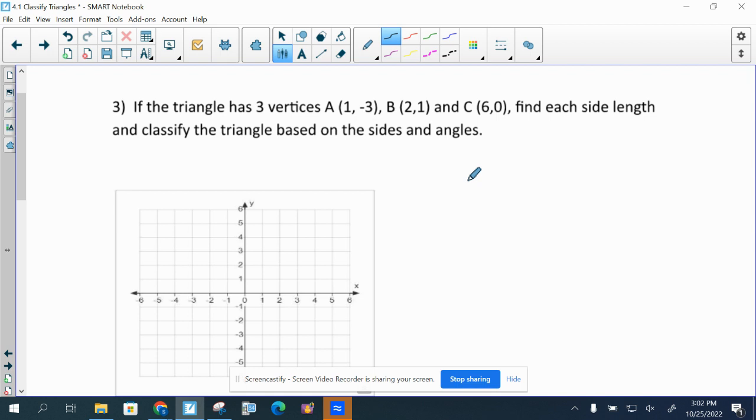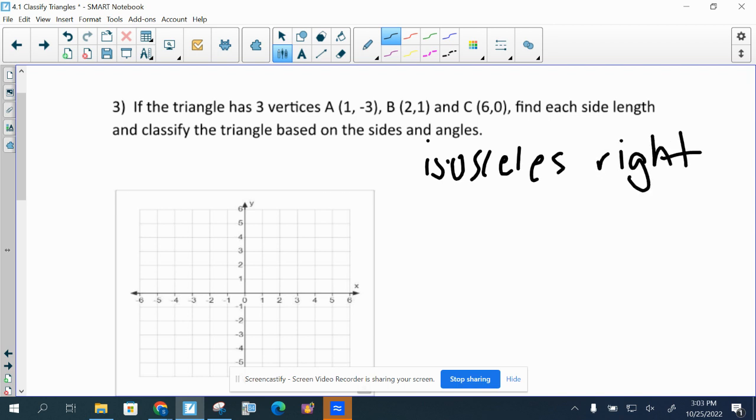With number 3, I believe this is the one. I won't spend too much time on this one just to make this video shorter. Go ahead and try it yourself. You should get isosceles and right.